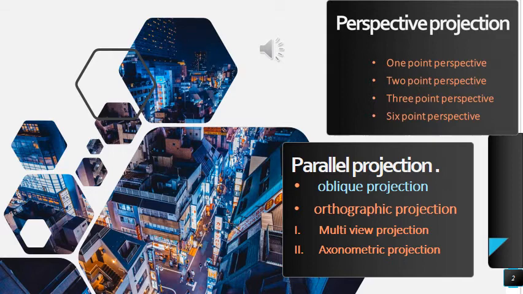Both are defined, and both have their own rules and regulations. In orthographic projection, we have multi-view projection and axonometric projection. We will discuss these projections, and the oblique projection as well, in this lecture and in the next lectures.